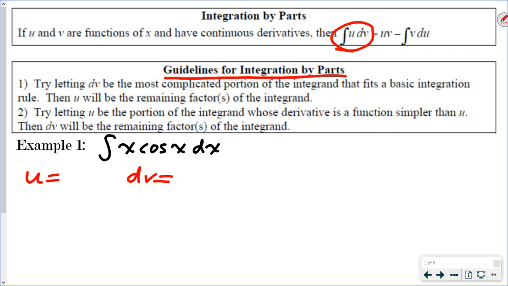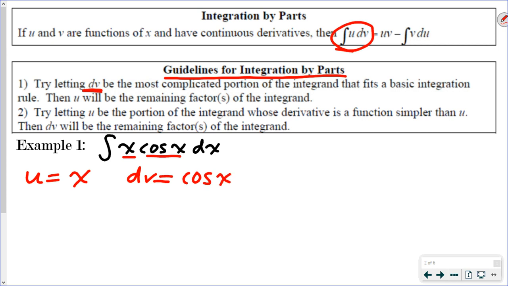Okay, so here are some guidelines to help you figure that out. You want to try letting dv be the most complicated portion of the integrand that fits a basic integration rule. And then let u be the remaining factor of the integrand, or I would say let u be the easier portion of the integrand. So if we're looking at x times cosine of x, x is the easier portion, and I would say cosine of x is the more complicated portion.